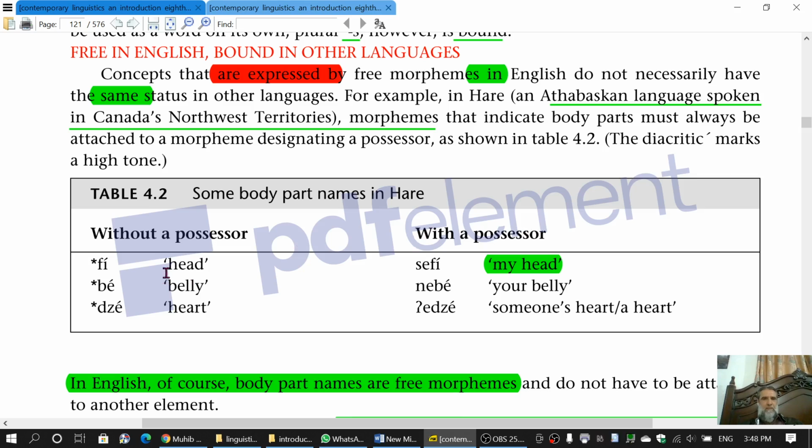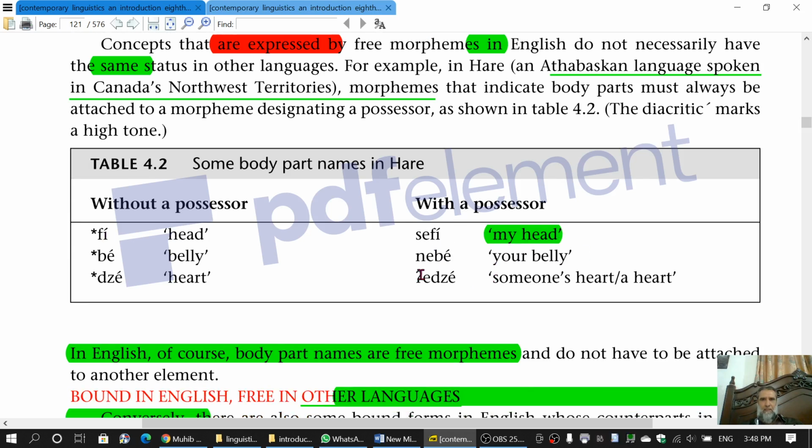For example, head in English is a free morpheme, but phi is not a free morpheme. It has to be attached with the possessor, the one who possesses the head. For example, my head or belly, bay is not free, and you have to attach some possessor with it, your belly, for example, nearby, and as a result, body parts are not free morphemes in Hare language.